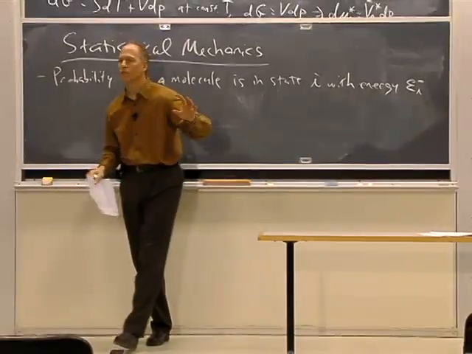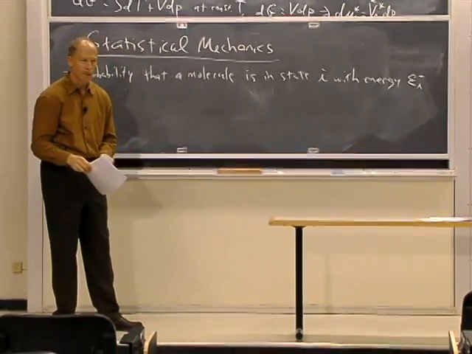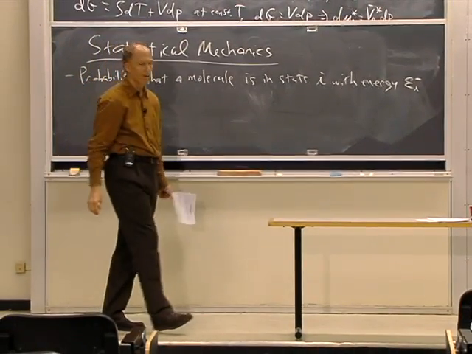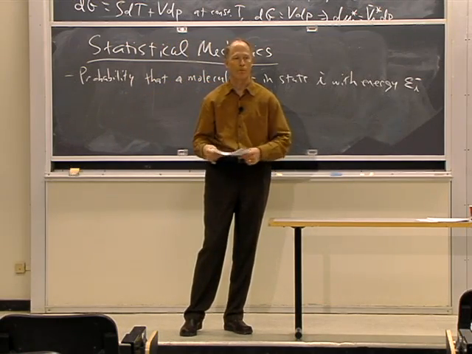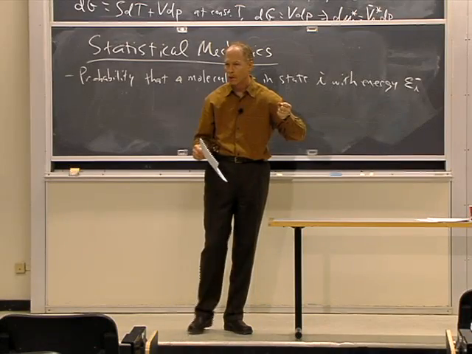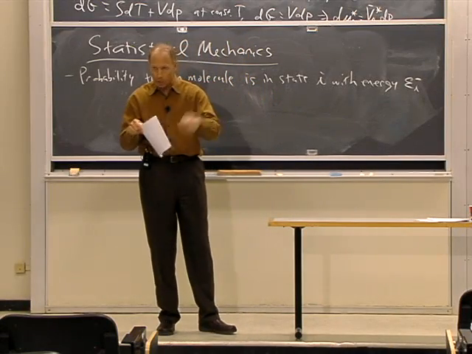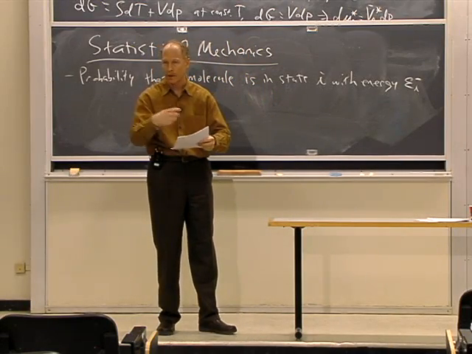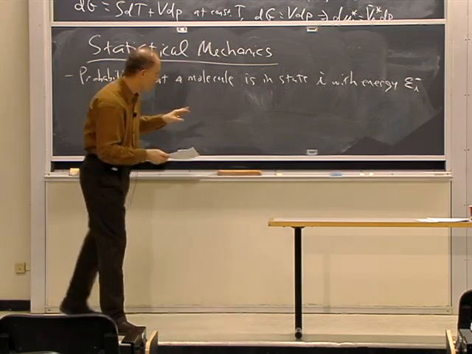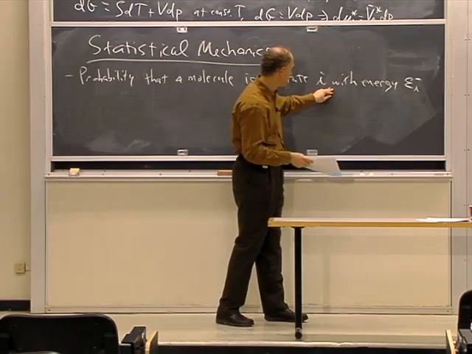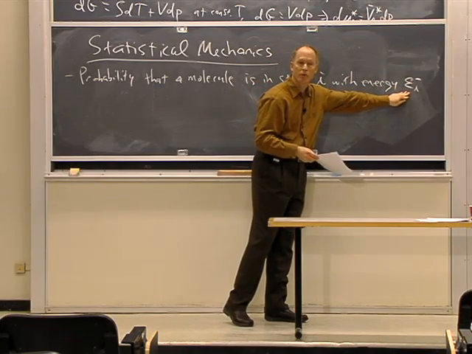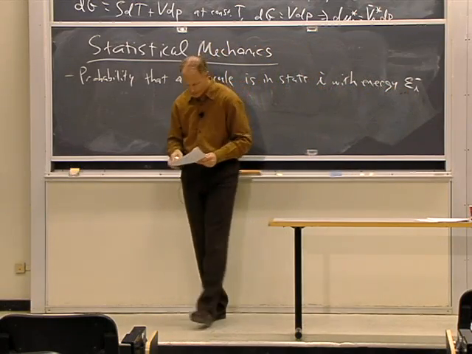Right now, we're not even going to specify the nature of the state. We could be worrying about translational energy, how fast it's whizzing around the room. We could worry about its vibrational or rotational energy or electronic state. For now, let's not even specify it. The only thing we're really specifying about the state is that it has some energy that we presumably know.